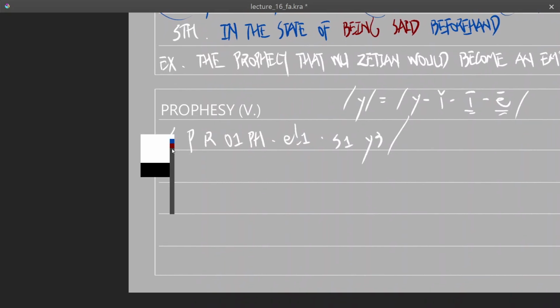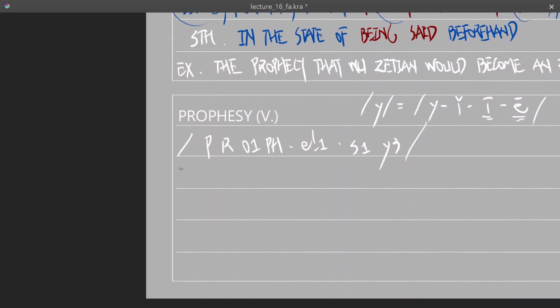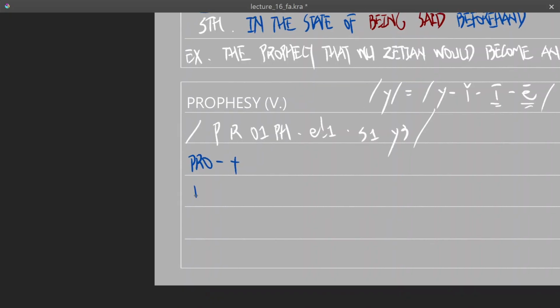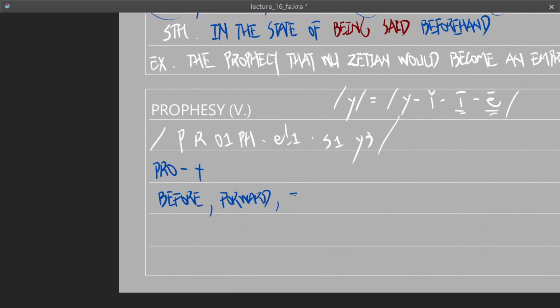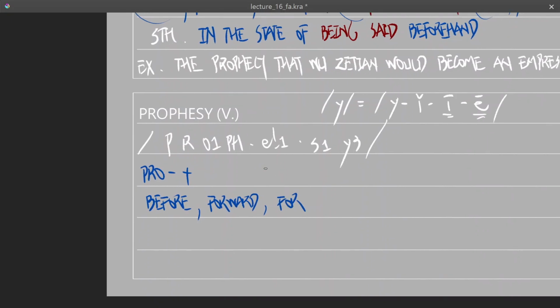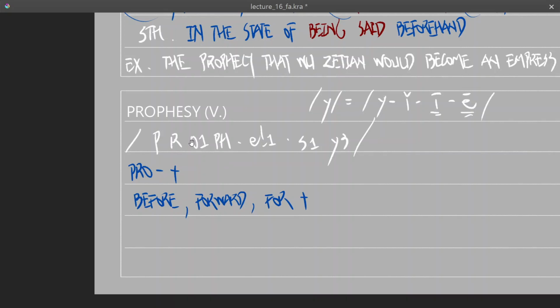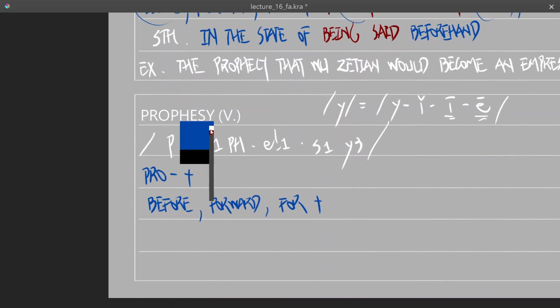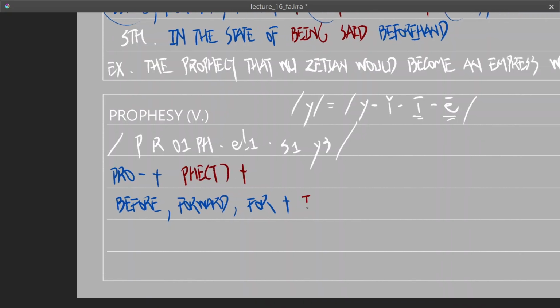All right, again the prefix pro, meaning before, forward, or for. That is to support somebody or something. And we have the root, meaning to say or speak.